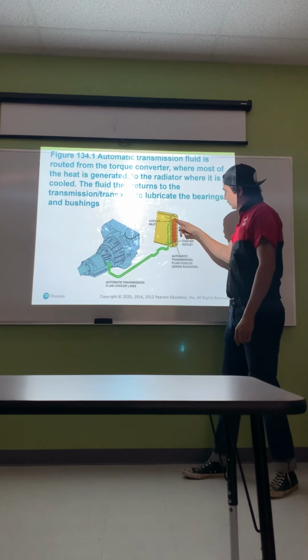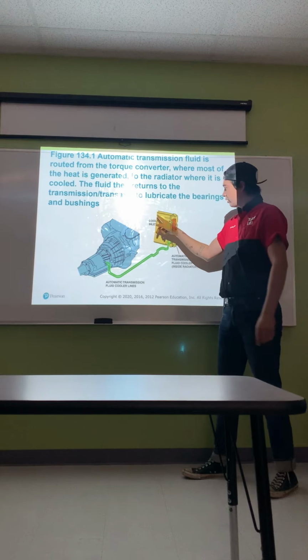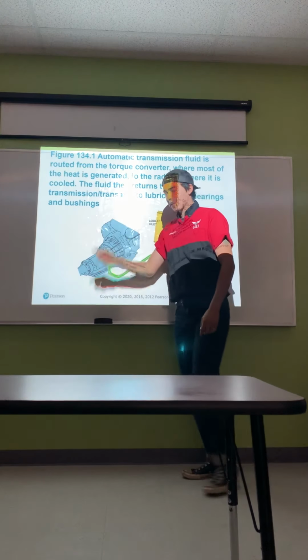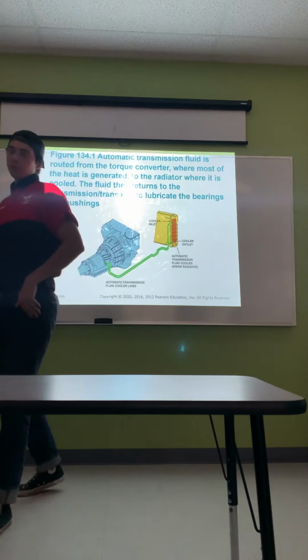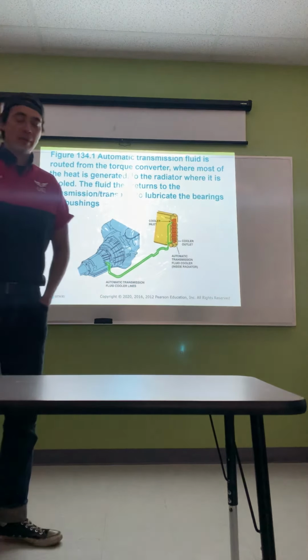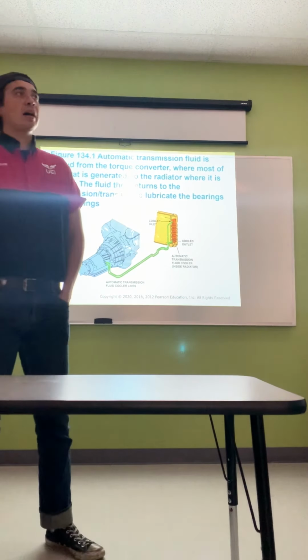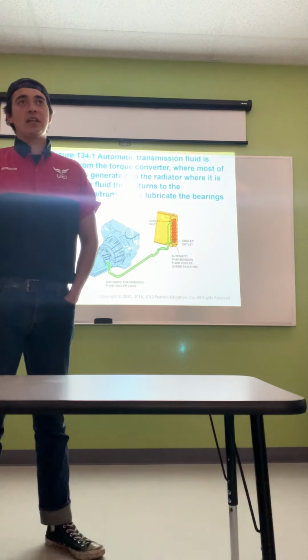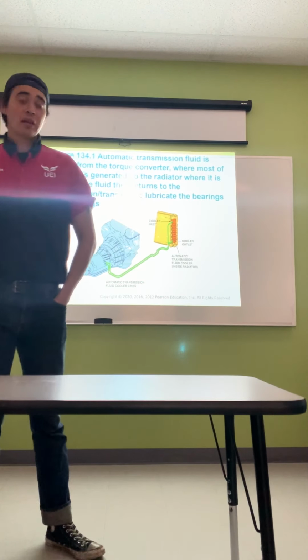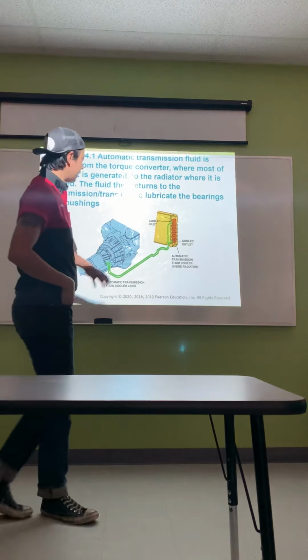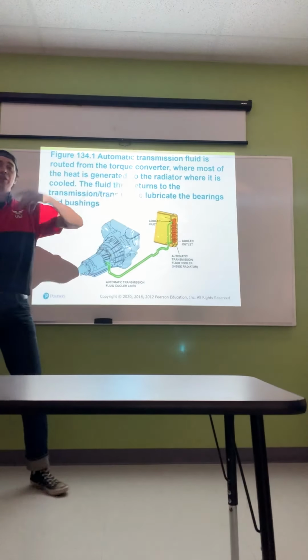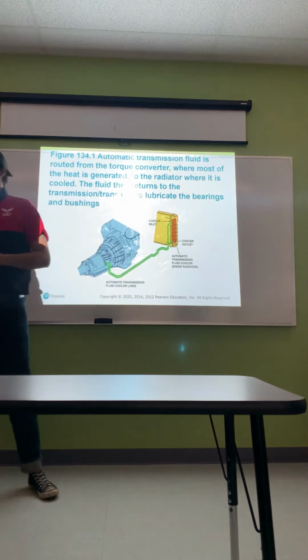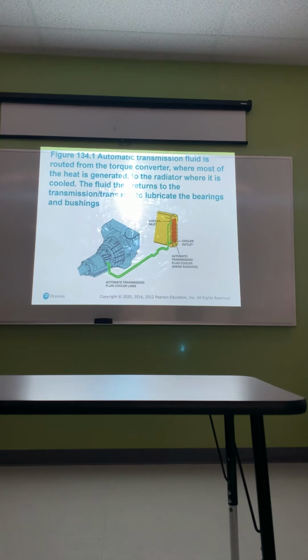It pumps through, air passes through, cools down the fluid, and it comes out of the radiator and goes back into the transmission. Heat is probably one of the number one killers of automatic transmissions. We want to minimize the amount of heat that the transmission absorbs. So the best way to do that is to take the radiant heat out of the fluid and then put it back into the transmission, hence cooling it.